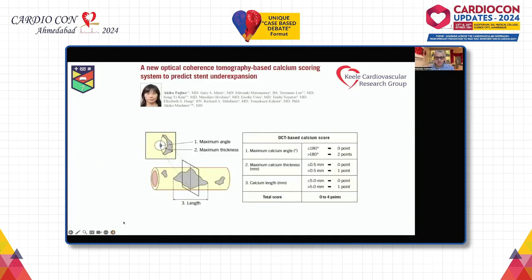And we have OCT imaging criteria, this is data from Akiko Maehara and her group, including calcium angle, maximal calcium thickness, and calcium length. Anything with an angle greater than 180, thickness greater than 0.5, and length greater than 5 millimeters, you probably should use a device that will help you treat the calcium.